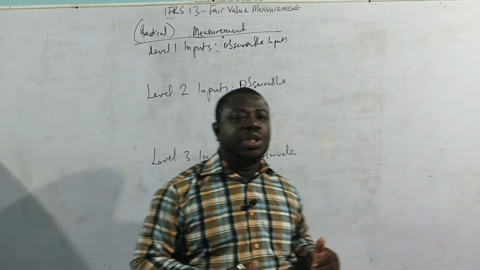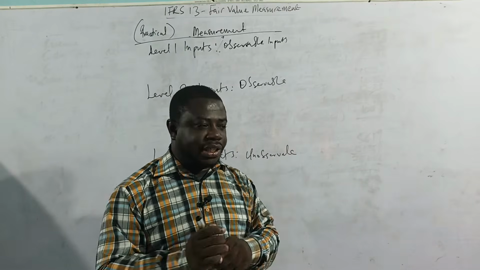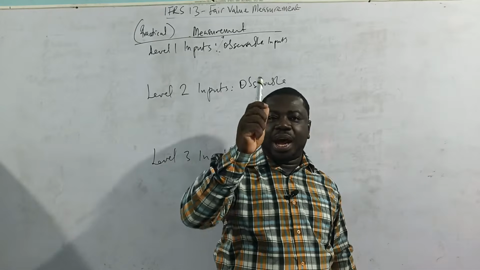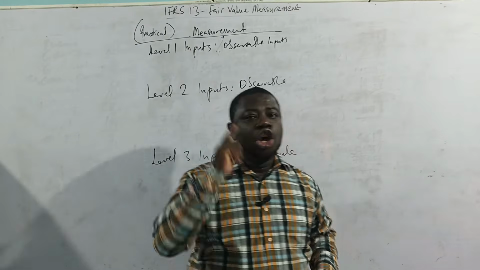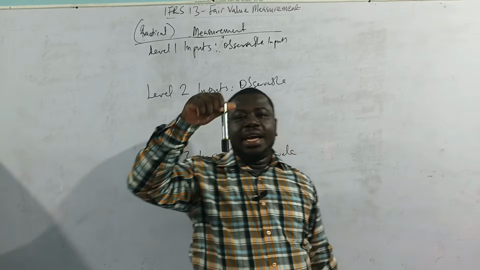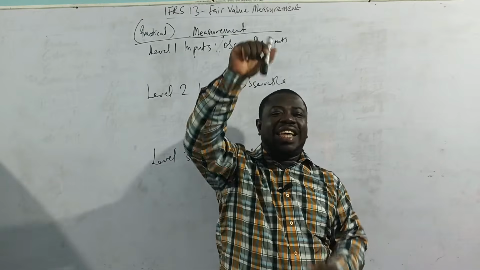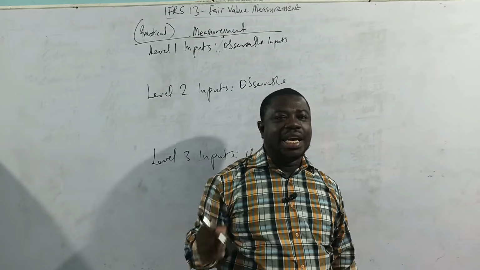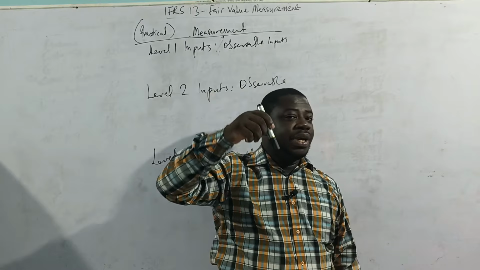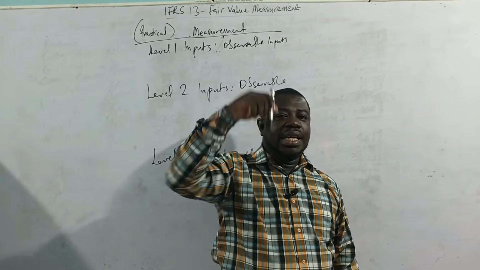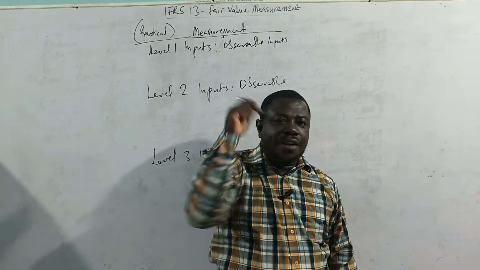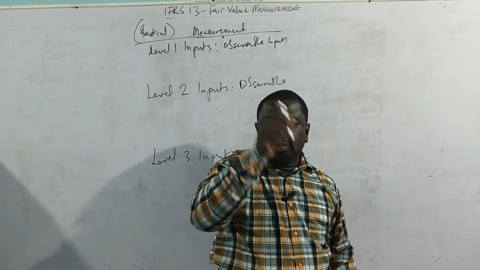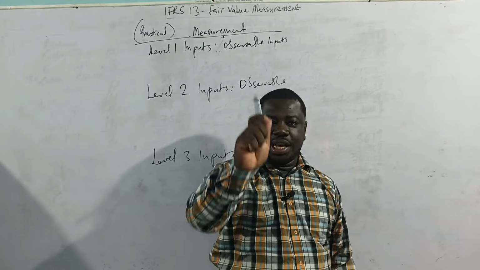The level 1 input is about quoted prices. So if you want to price or find the fair value of this asset, you go to the market and find the quoted price of an identical one. When we say identical asset, it means that it is the same type, the same brand, the same quality, everything is the same. So you go to the market and you find the quoted price, unadjusted.